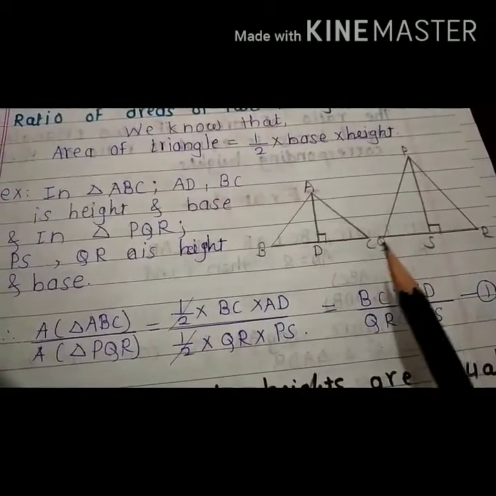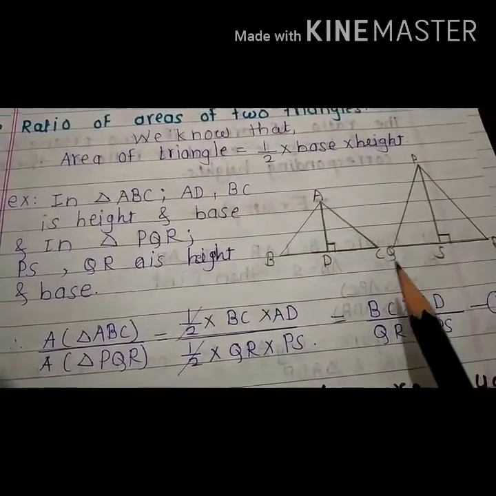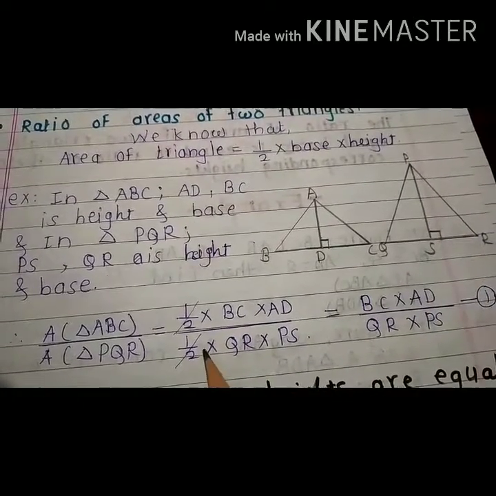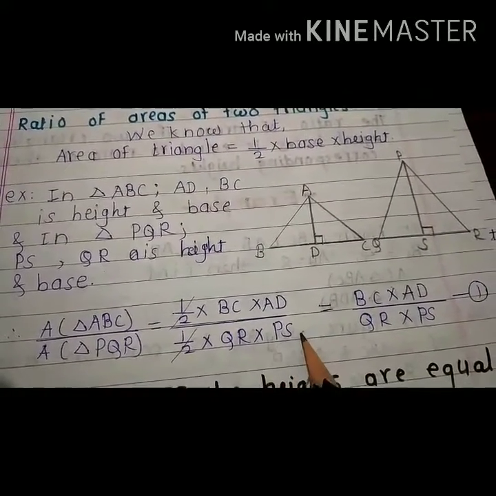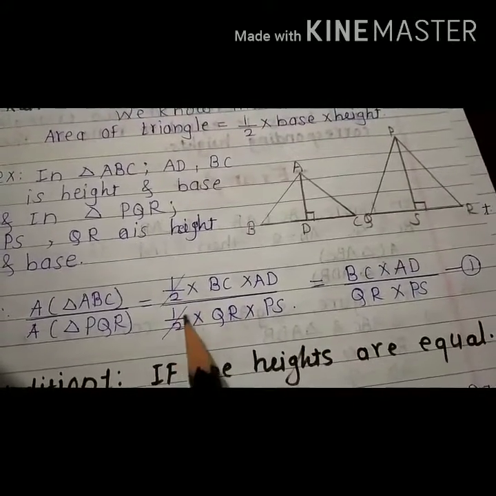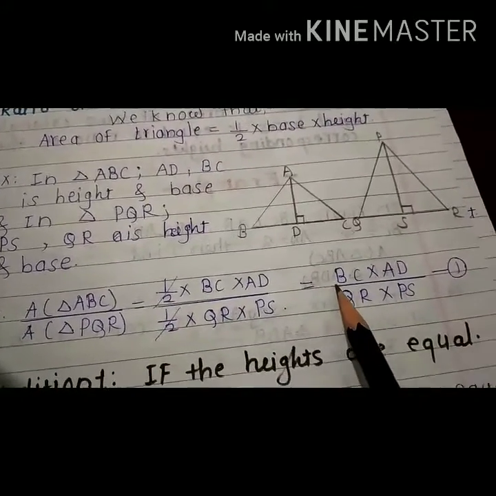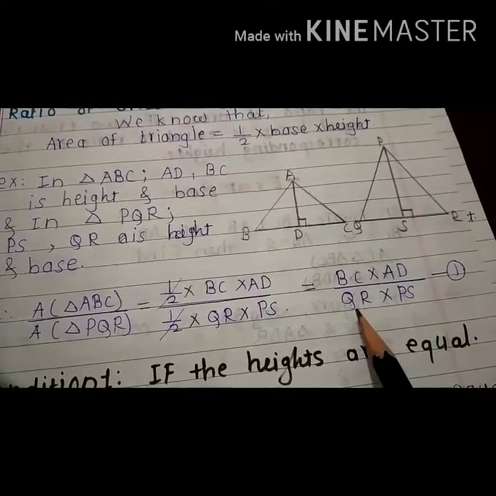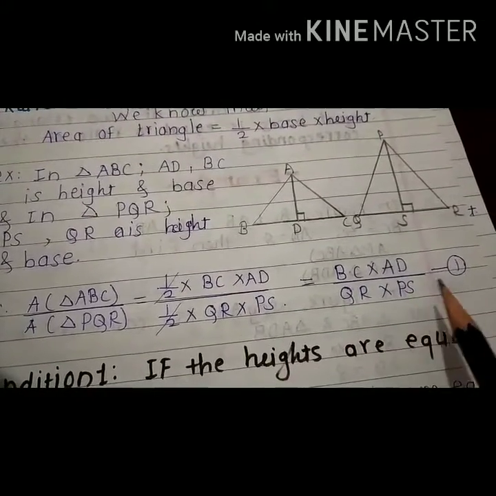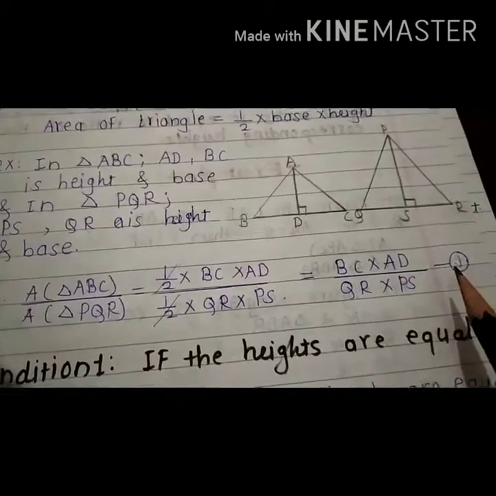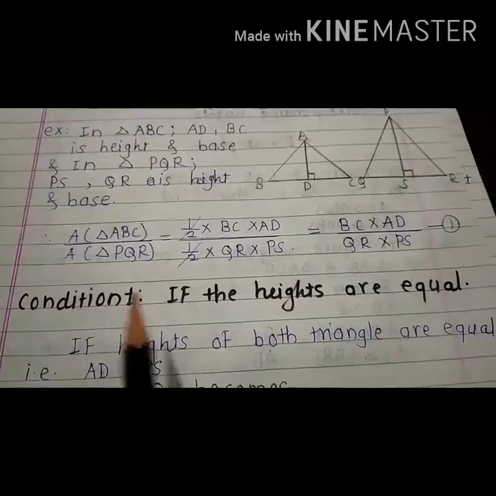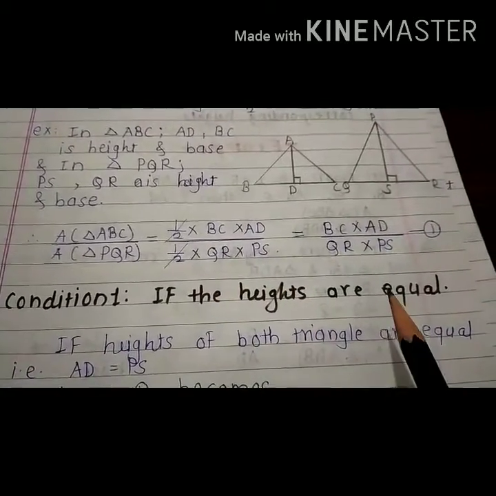Similarly, in triangle PQR, QR is the base and PS is the height, therefore half into QR into PS. Half gets cancelled, therefore we get BC into AD upon QR into PS. Equation number 1.